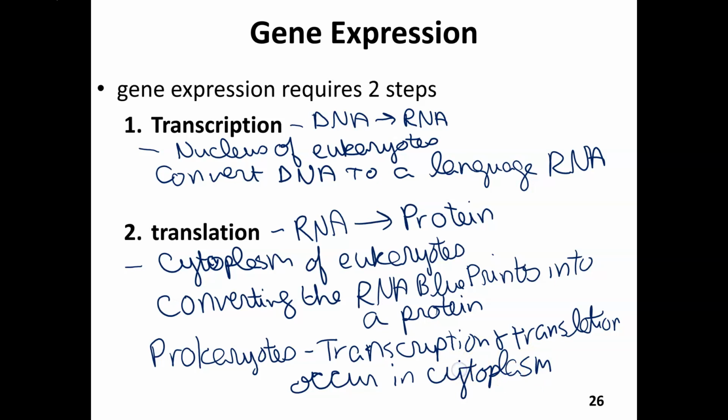Remember, in prokaryotic organisms, there's no nucleus. So all of the DNA is in that region known as the nucleoid, which is found right in the cytoplasm. So everything occurs in that cytoplasm.